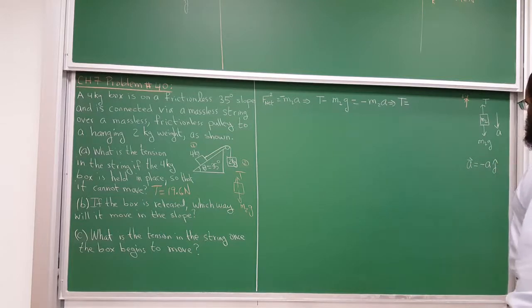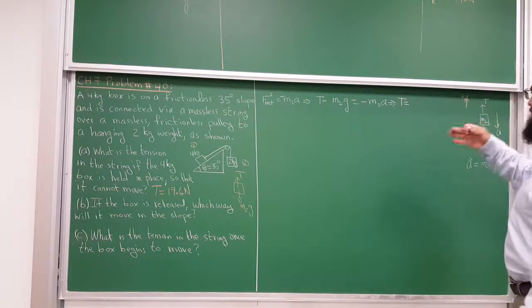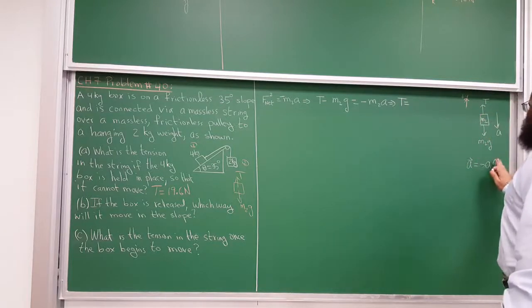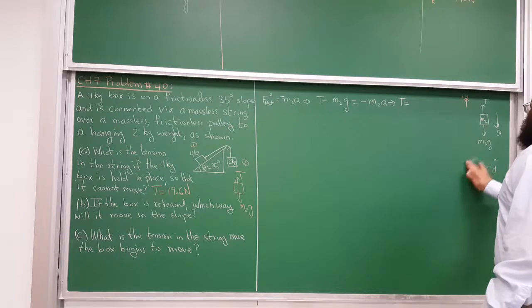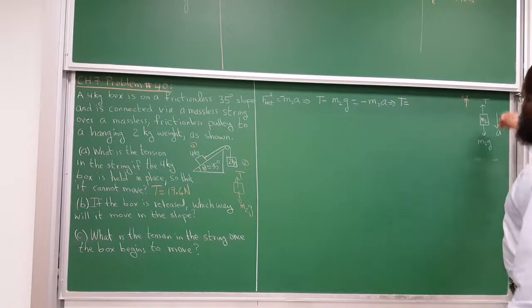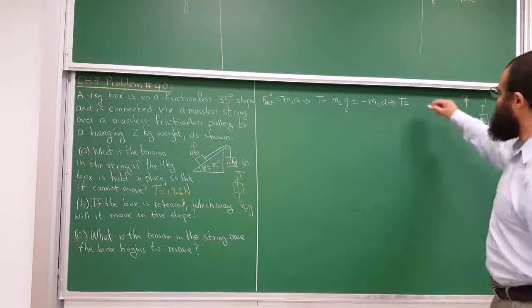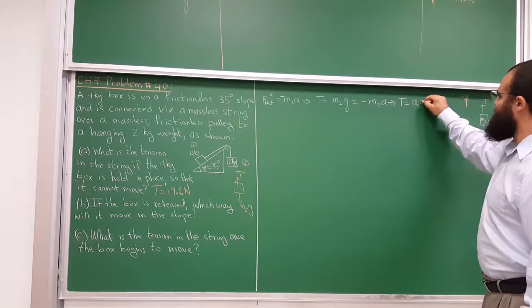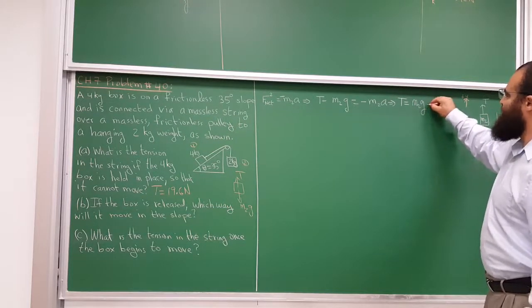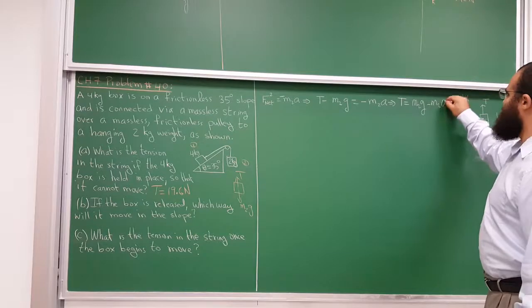That's the negative y direction. But since it's all the y direction, everything has a j hat, you might as well just drop that j hat. And so the acceleration is just negative a. I'm assuming it's down. All right, so the tension would be M2 times g minus M2 times a.